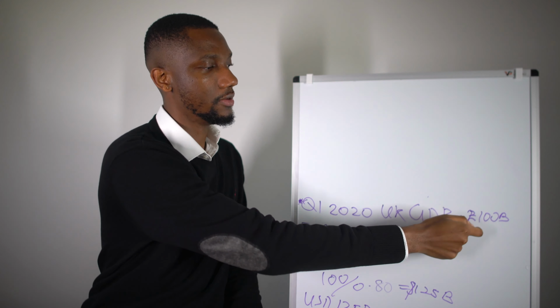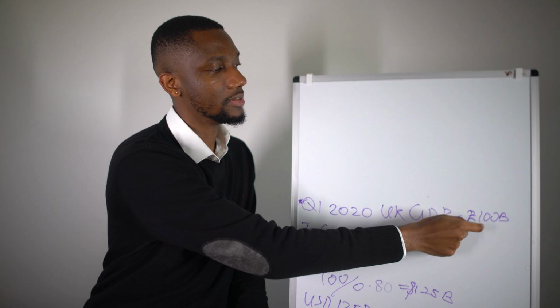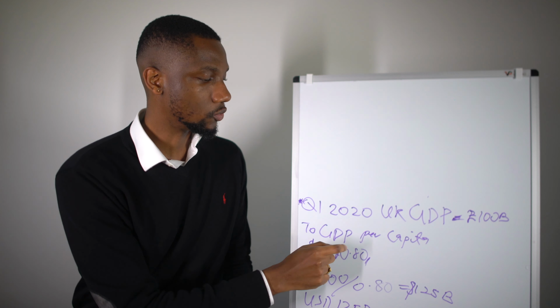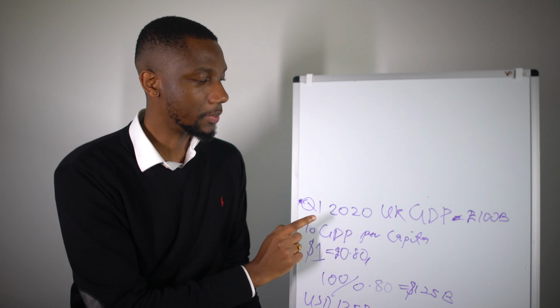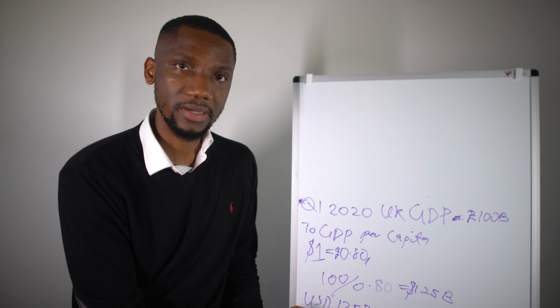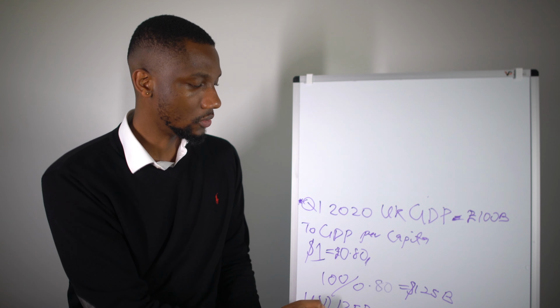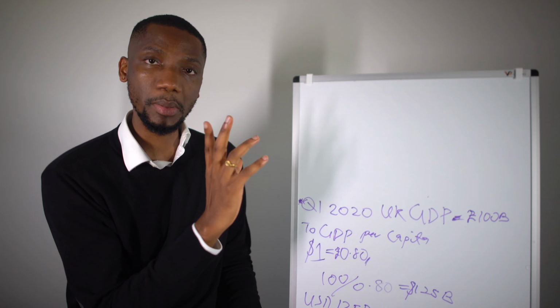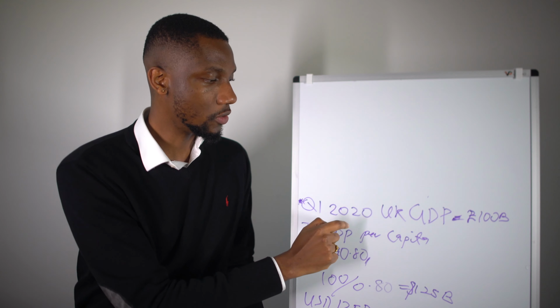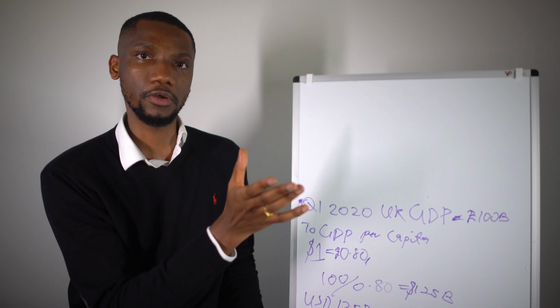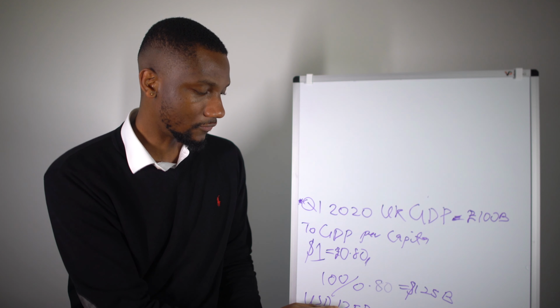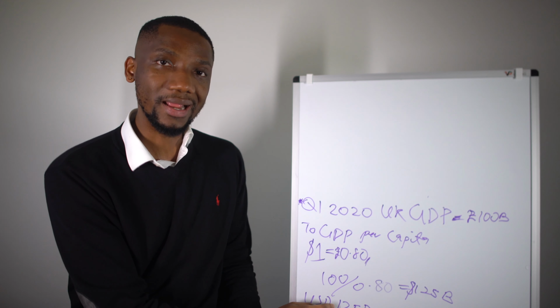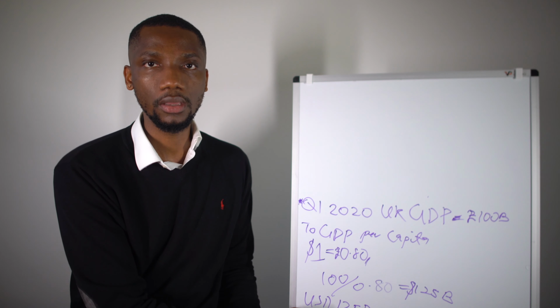How does this value affect them? How does this value relate to them? And that's what we are trying to get now with the GDP per capita. And we've converted this into US dollars. So we're then going to, remember this is an assumption, we're going to assume the population of the UK is whatever, and then divide 125 billion by the population of the UK.